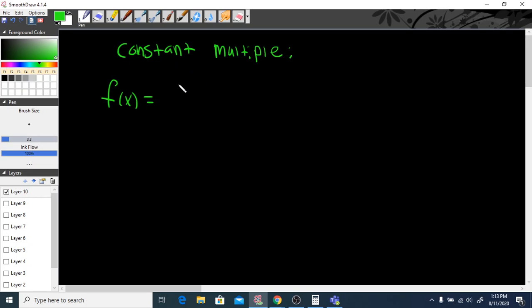So I think it's good to kind of just show you an example first, because it's just not that bad. So here we have 3 multiplying x squared, we have 4 multiplying x to the 5th, and 10 multiplying x to the 7th. Okay, now the constant multiple rule is super simple.